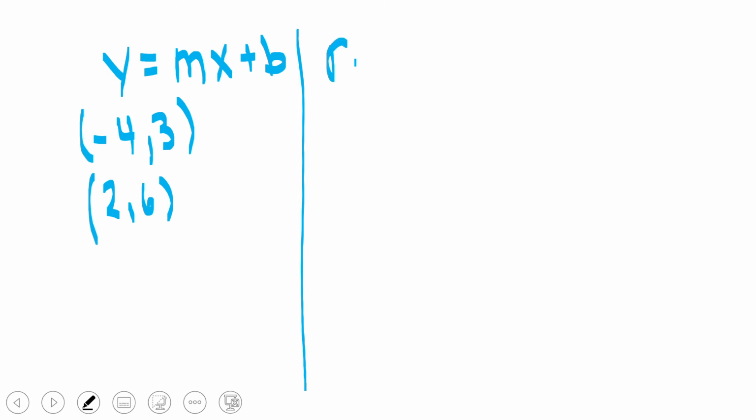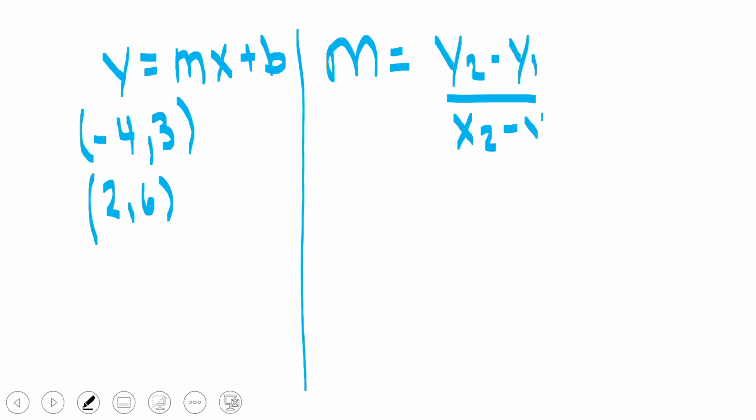So if m equals the slope formula, we have an x and a y in our first plotted point, and an x and a y in our second plotted point.